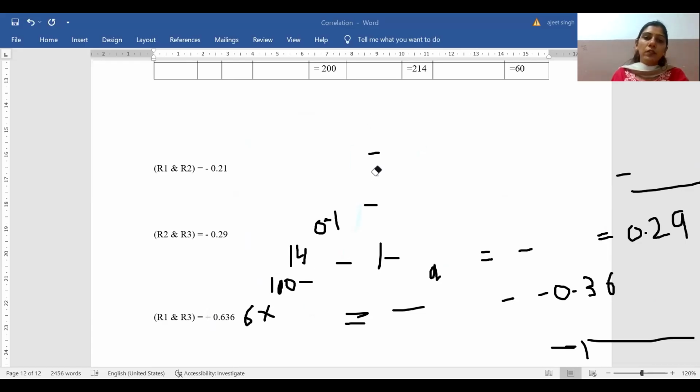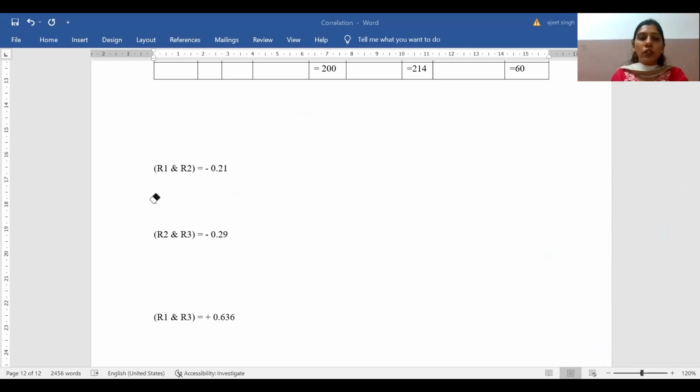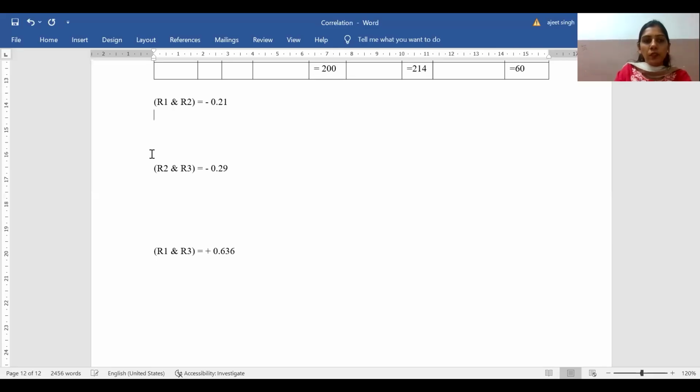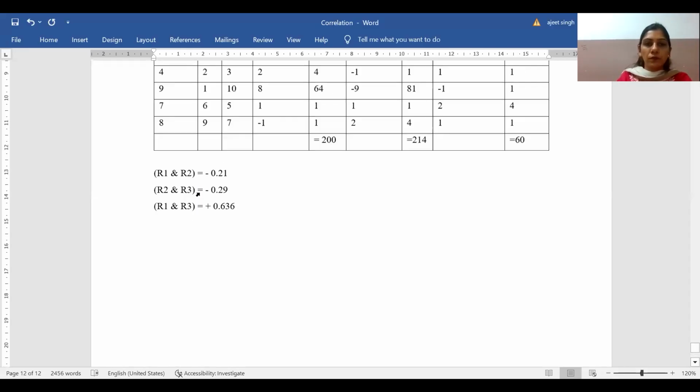So this is clear now, how to calculate the correlation among variables which we cannot measure in quantitative form. When we do not measure any relation or variable in quantitative terms, then we use the Spearman rank correlation method.